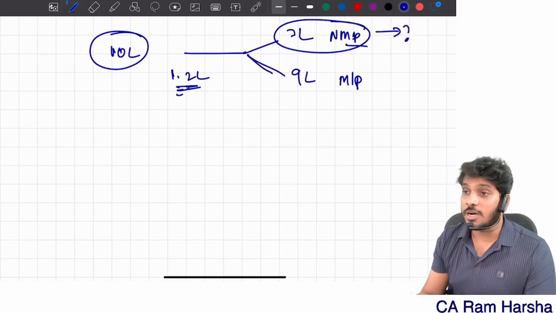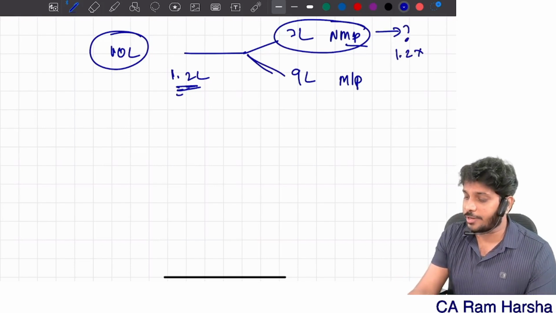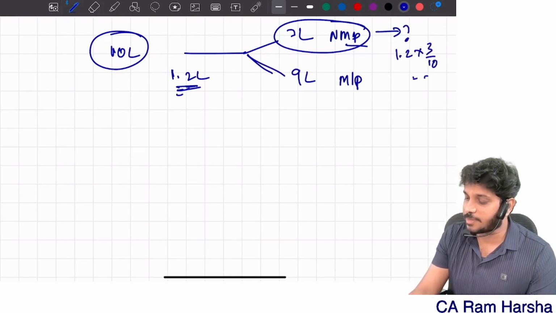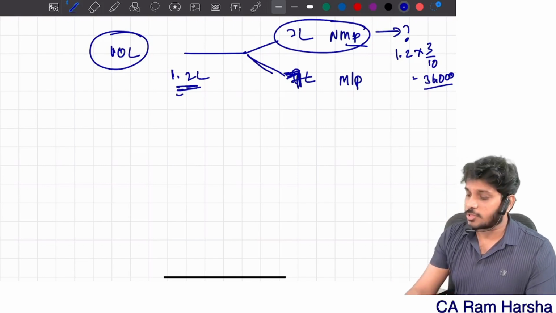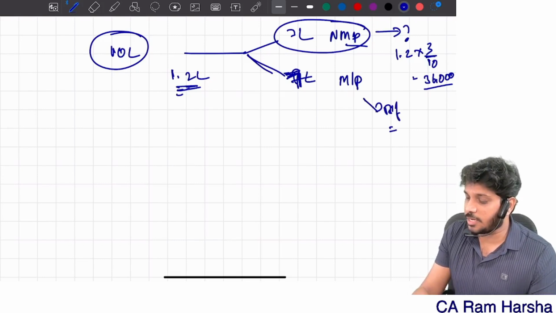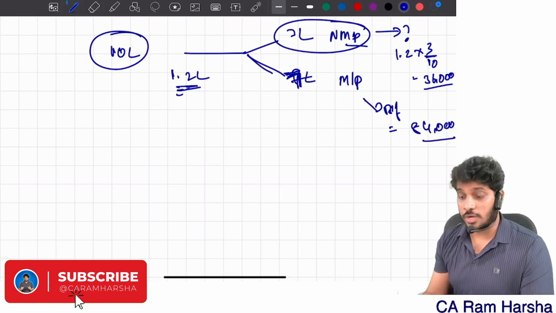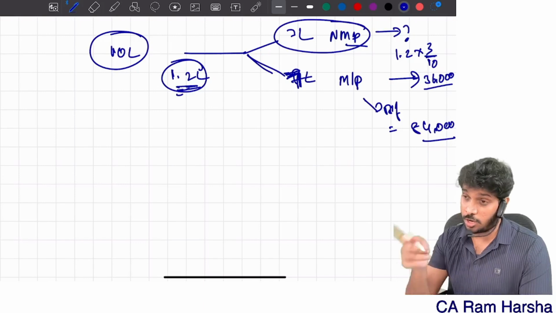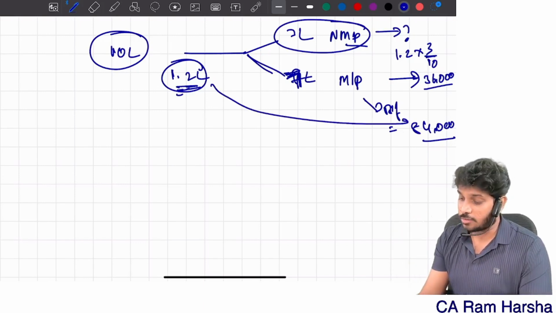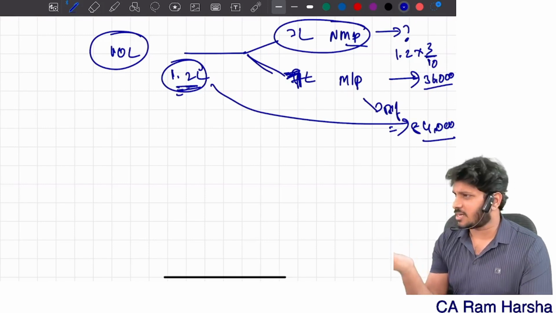How much is for the non-monetary perquisite? 1.2 lakhs into 3 by 10 is 36,000. The balancing figure is 84,000. So out of 1.2 lakhs, 36,000 belongs to the non-monetary perquisite related tax portion, and this 84,000 is related to the remaining total income.